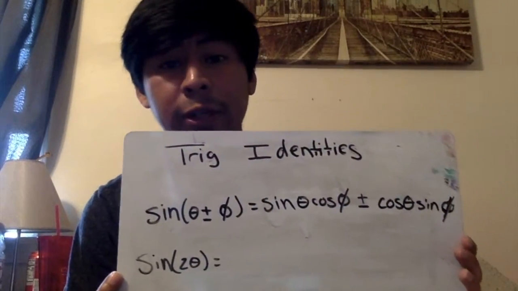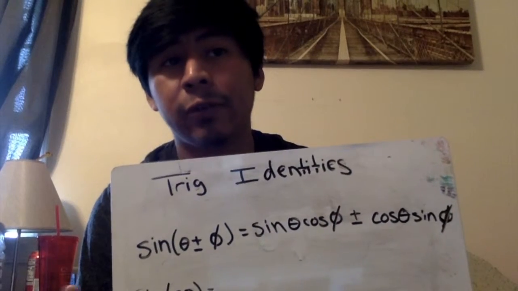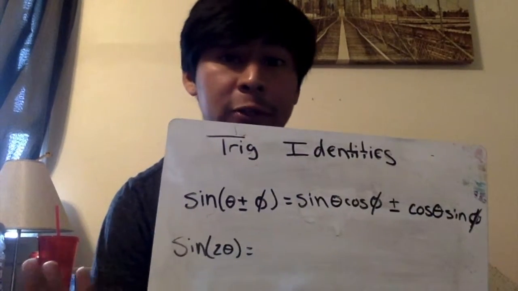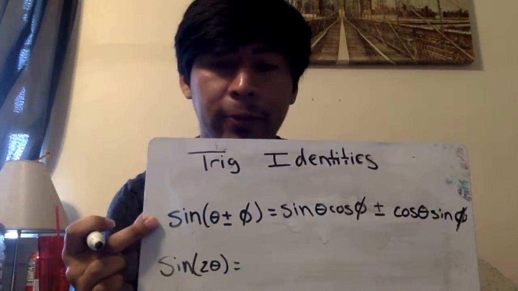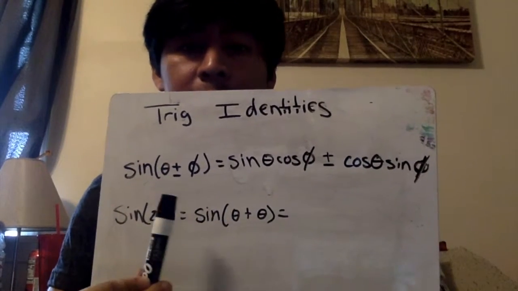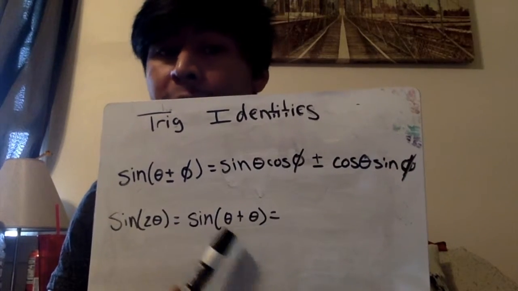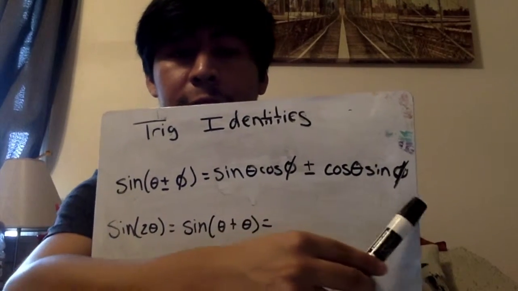So rant over. I want to show you guys a cool identity that pops out of this one right here, and that is the sine of 2 theta, but we don't know the identity for that. Well, we kind of do. It's this one up here. So yeah, sine of theta plus theta. It looks like this one. We're just going to replace phi with theta instead, and plug it into this right here.